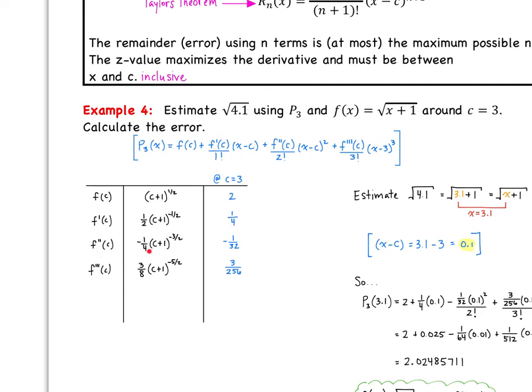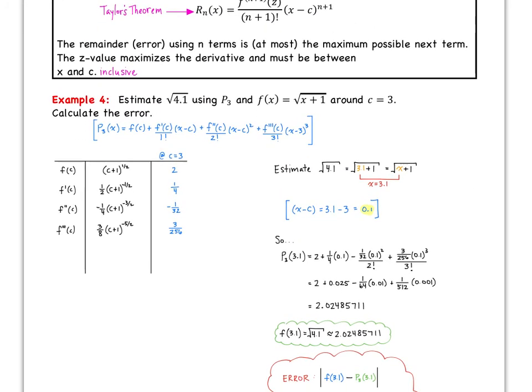F double prime is this guy right here. Evaluating that at 3, we get -1/32. So that's our coefficient here. The third derivative is this guy right here. When we evaluate that at c equals 3, we get 3/256. So that's the coefficient of the last term of our third degree polynomial. We're going to use that in just a second.